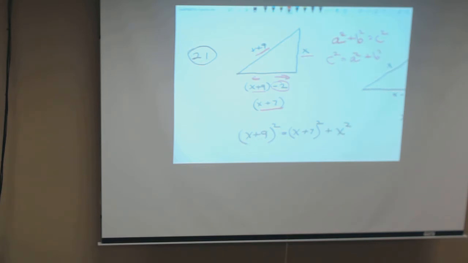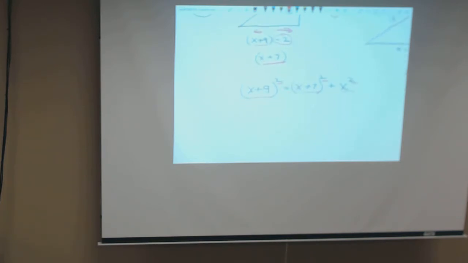So I come down here and put c squared equals a squared plus b squared. And then I work it out. And what's x plus 9 squared? That's x plus 9 times x plus 9. Do you know how to FOIL it?